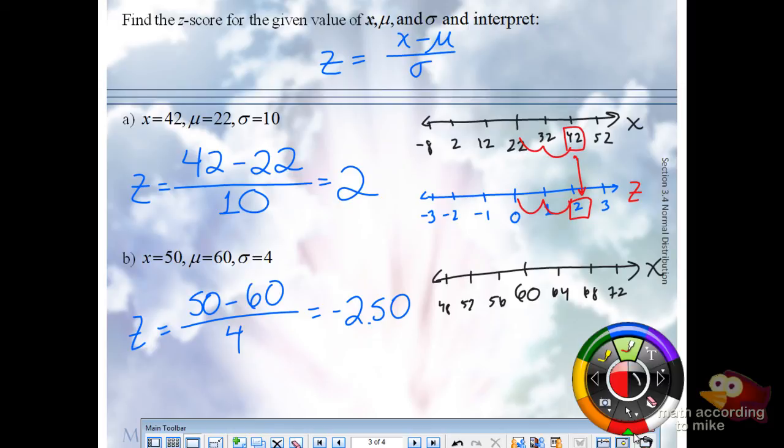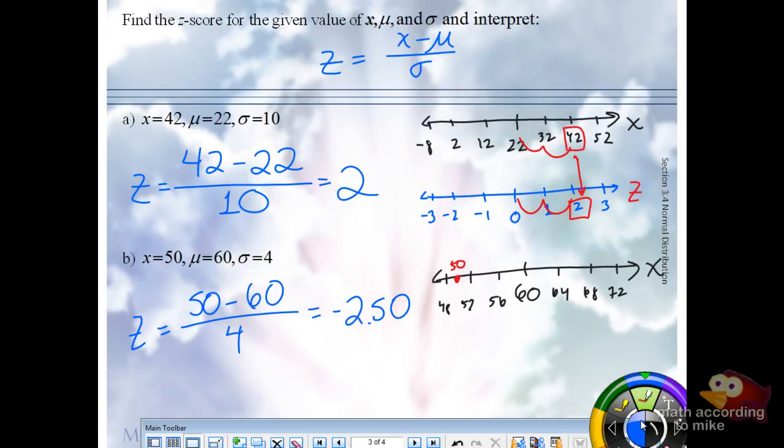Well, notice the x value 50 on our number line would be about right here. But unlike in part A, it's not a whole number deviation away from our mean. It's a decimal deviation. This is what the z value tells us. So drawing our number line, just like before, 0 in the center, standard deviation of 1.